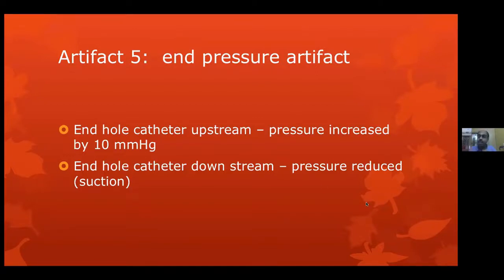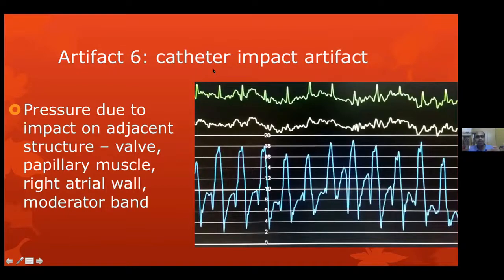I am able to take a pigtail catheter and put it into the pulmonary artery, but I am just explaining this artifact. Catheter impact artifact is the pressure due to the impact on the adjacent structure. Normally, what is happening for a pressure? It is recording the pressure that is within the cavity. Let us assume that the transducer is touching the wall.